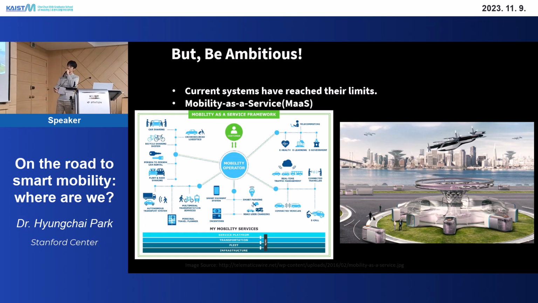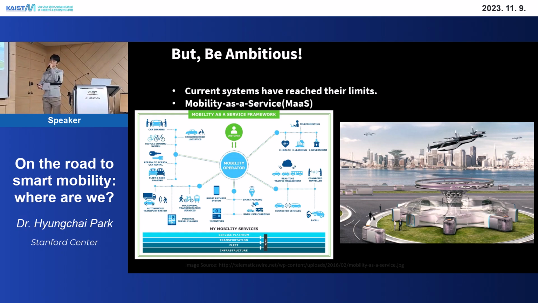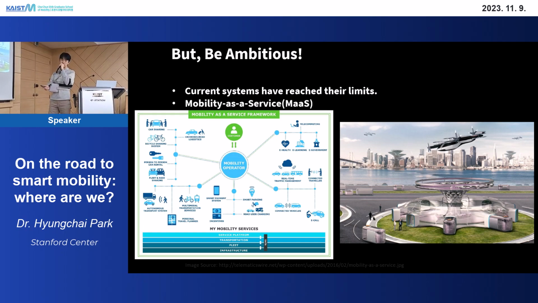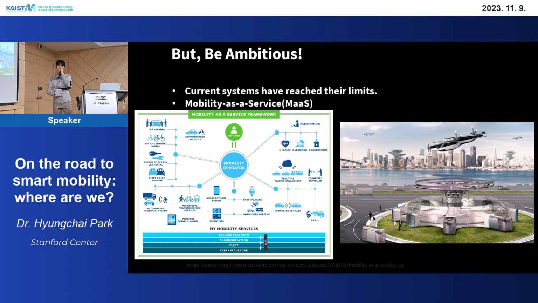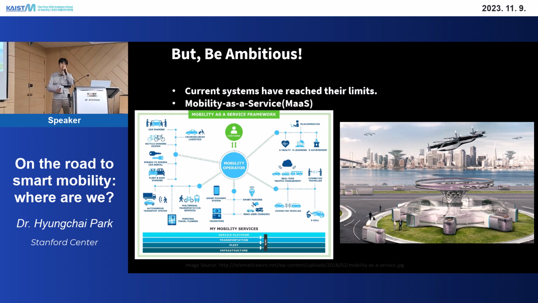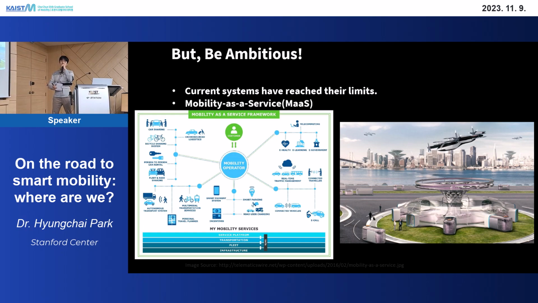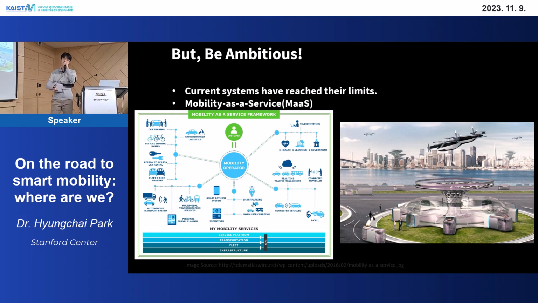And also, as mobility becomes a service, it can create lots of new chances, because autonomous driving lets people move from point A to B without driving by themselves, which means they have more time.